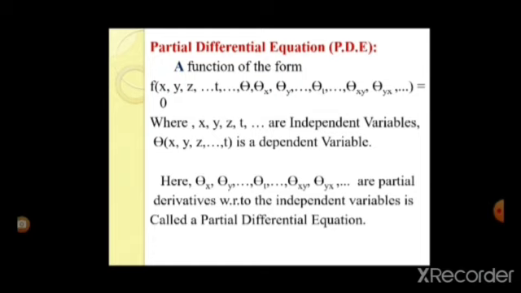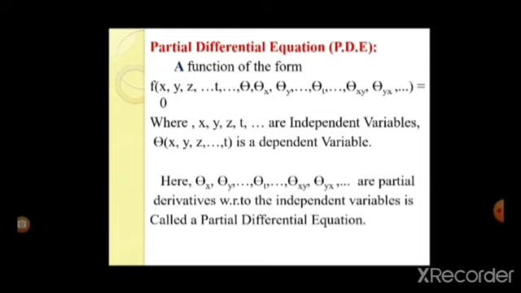While you observe the function here, x, y, z and so on t are independent variables and theta of x comma y comma z and so on t is a dependent variable.